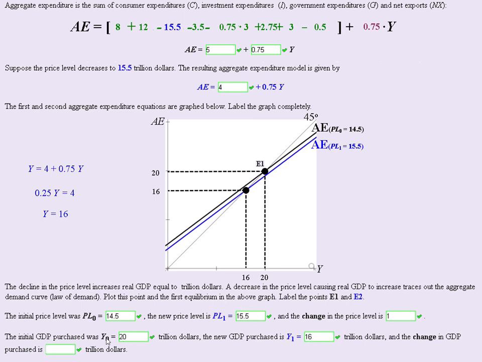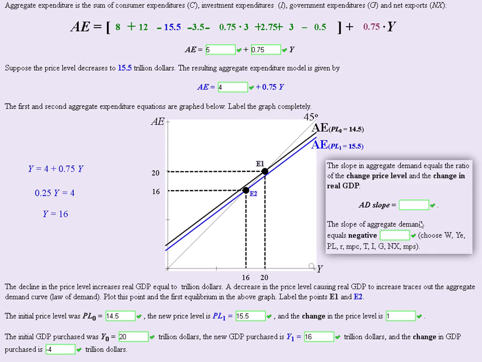It was 20, so the change in GDP is negative 4. This gives me the slope of the aggregate demand model, because remember, the slope is the rise, in this case the change in the price level, over the run, which is the change in GDP, negative 4.